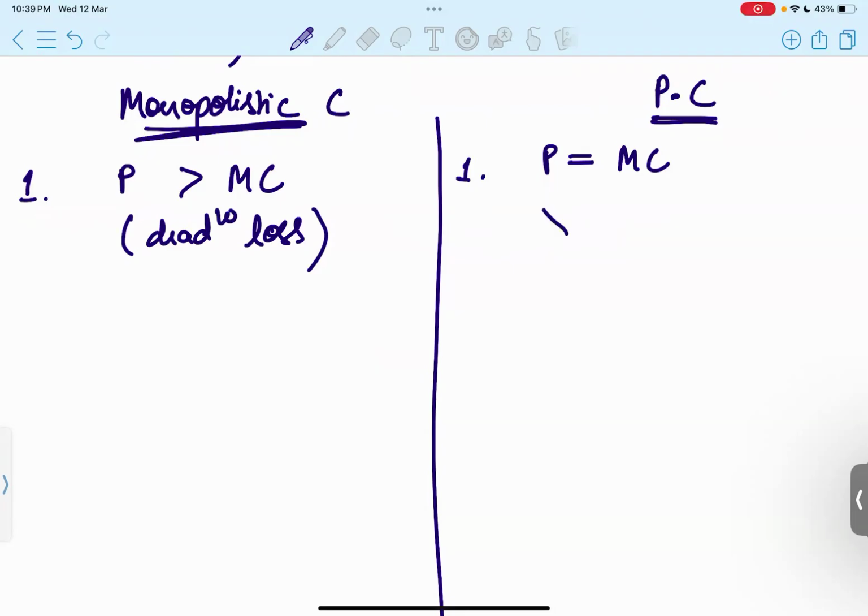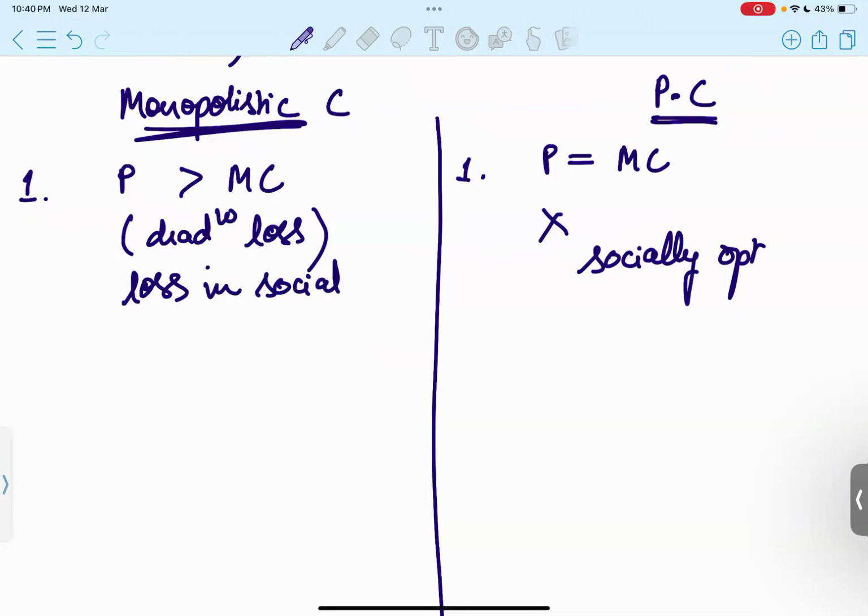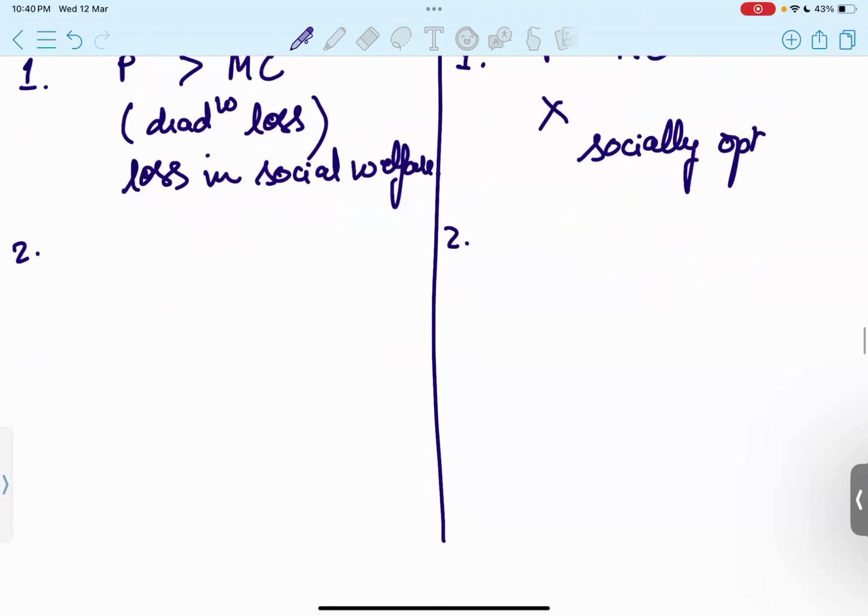However, there is zero deadweight loss under perfect competition. That is why it is at the socially optimum level of production, whereas the other has a loss in social welfare. The graph remains the same as we have drawn above, so we're not repeating it.